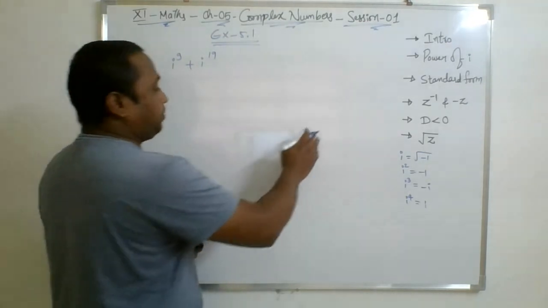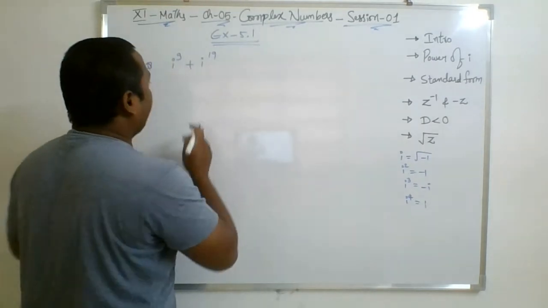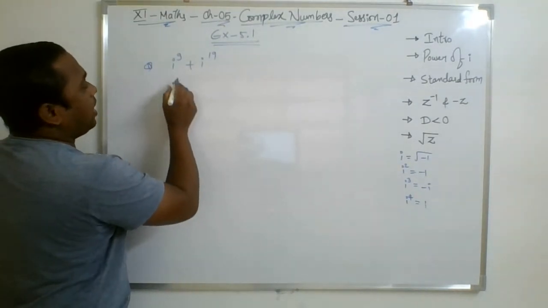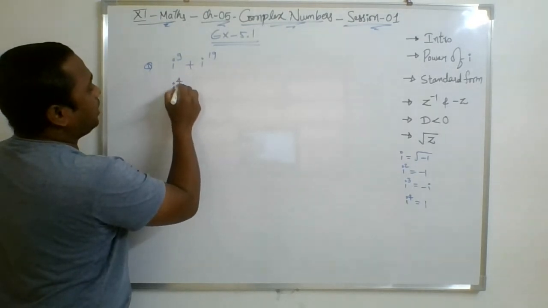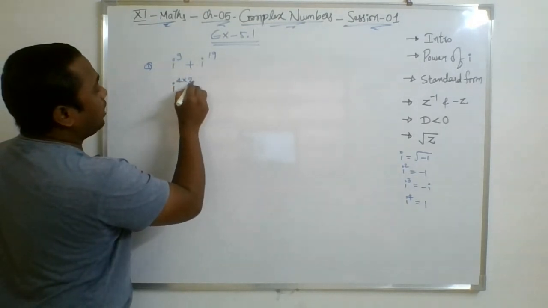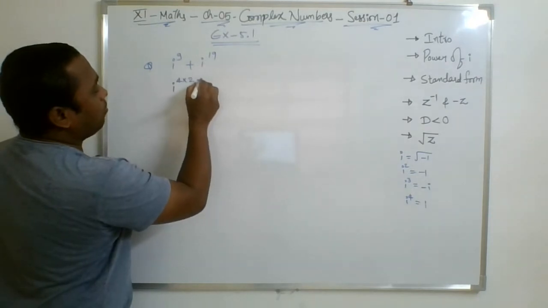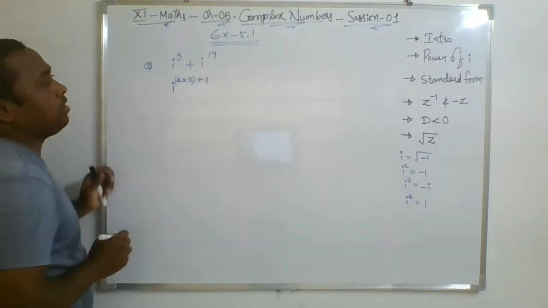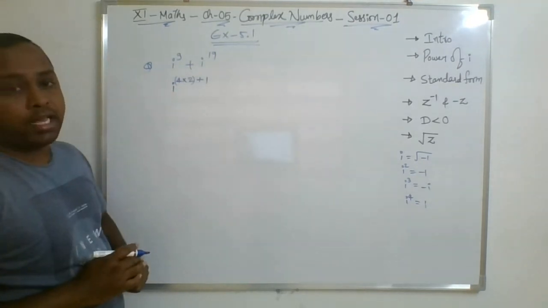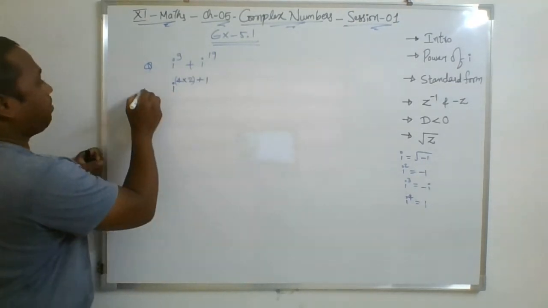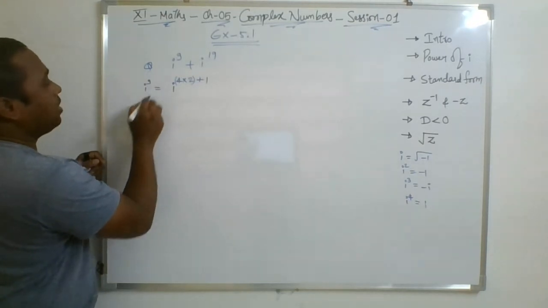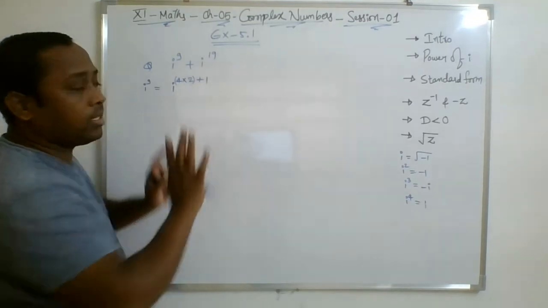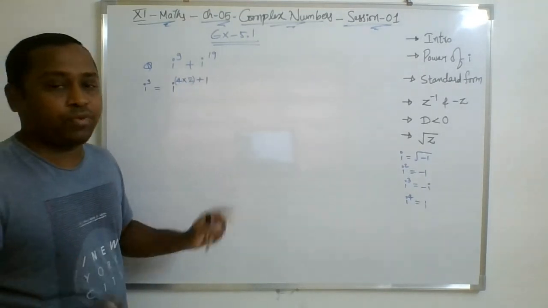So for that, I will always first try to write this as a multiple of 4, that is 4 into 2, that is 4 times 2 plus 1. In this way, first I will split the power of i. So I am solving the i power 9 value first, and then I will solve i power 19, then I will add both the results. This is the simplest way.